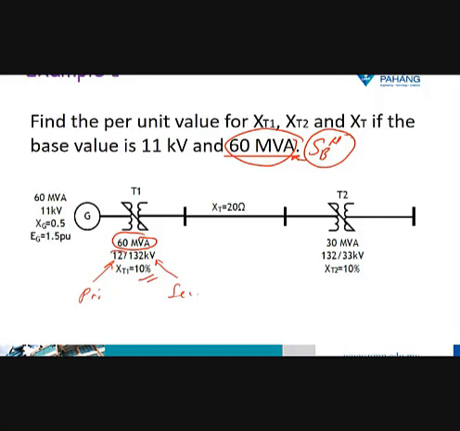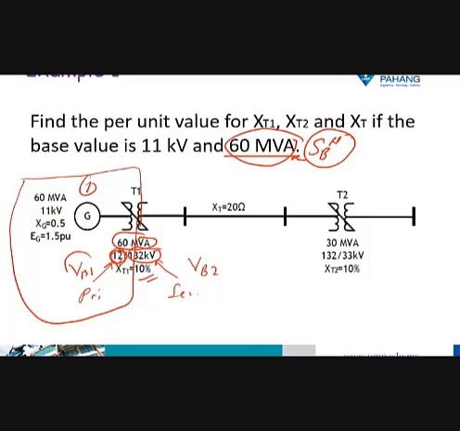If you take the primary side, you have to divide by V base 1. If you take the secondary side, 132 kV, you have to divide by V base 2, because these are the regions. If you take 12 kV, it is under region 1, so you divide by V base 1.